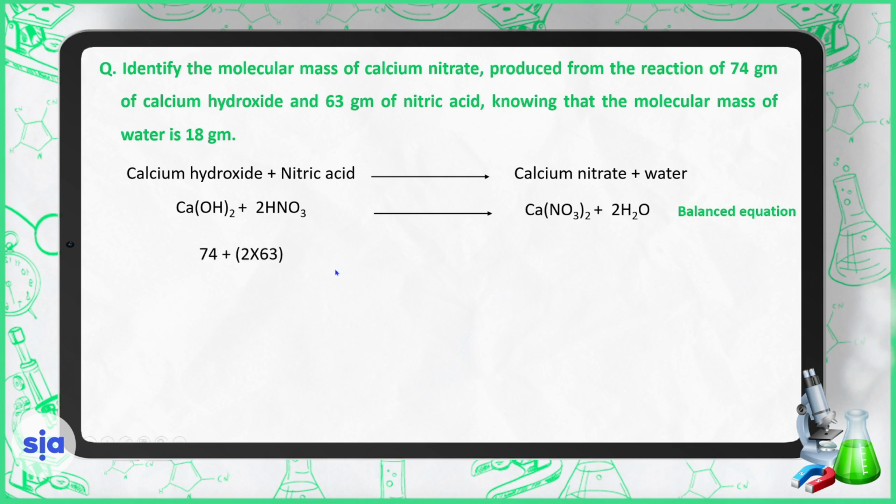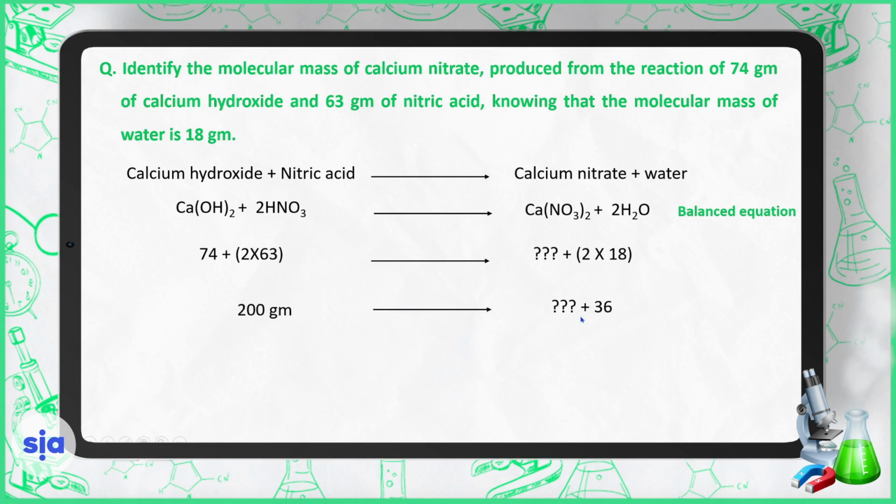Let's calculate it together. 74 plus 2 times 63 on the left side, and the unknown molecular mass of the calcium nitrate plus 2 times 18, which is the molecular mass of water, on the right side. On the left side, it's 200 grams.